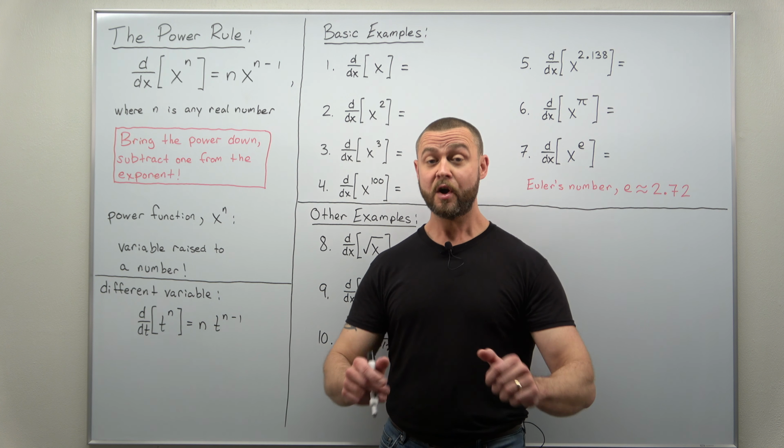If we apply the power rule, we bring the exponent 1 down front, and then subtract 1 from the exponent. 1 minus 1 gives 0. Anything to the 0 power is 1. So the derivative of x, or x to the first power, just comes out to 1.